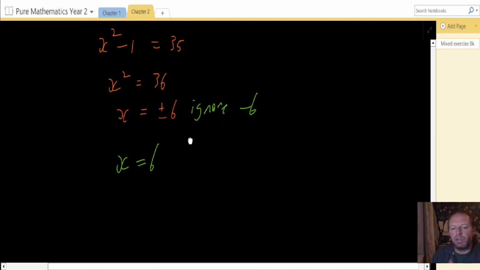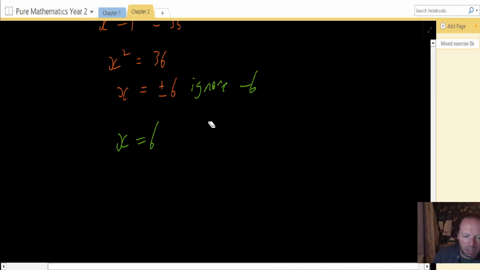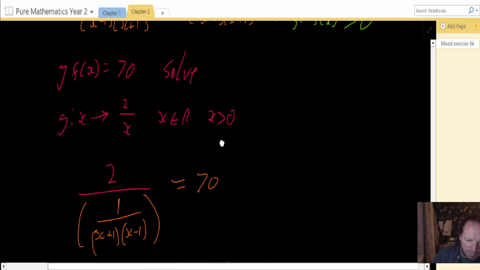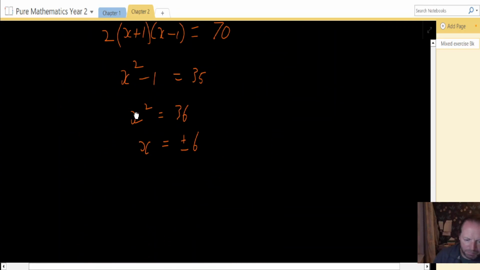I think it's a perfectly valid answer, so I'm going to keep plus or minus 6 in there because the function g of f of x equals 70 doesn't have the boundary conditions. It's only the function g and the function f that have them. So plus or minus stays.